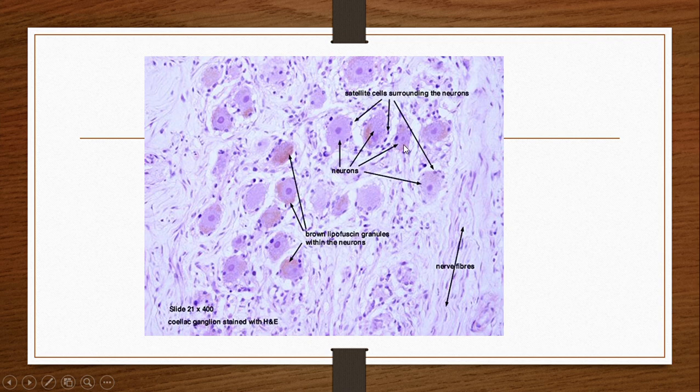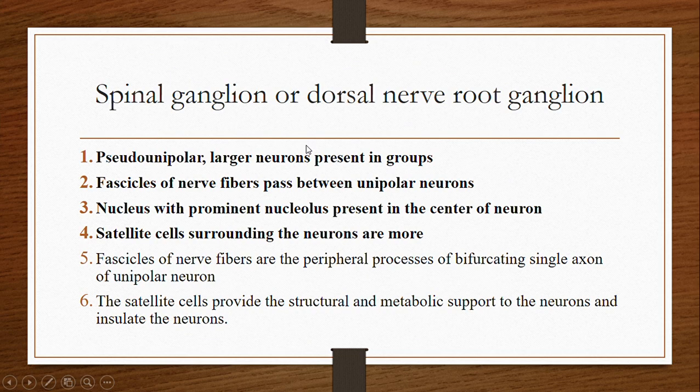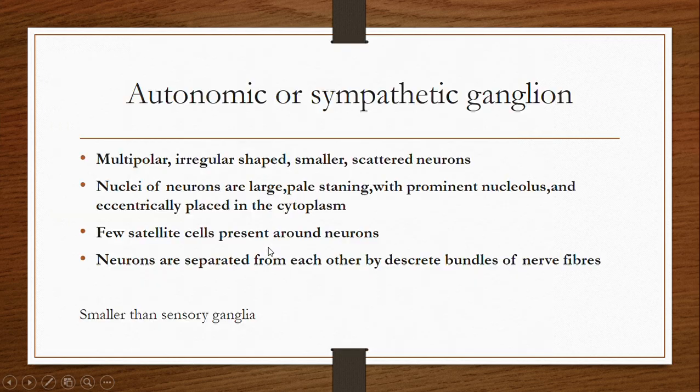And these blue dots represent the satellite cells. These are the features which we have to study under the autonomic ganglion, the sympathetic or parasympathetic ganglion.